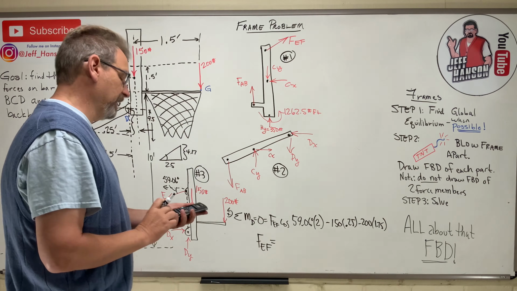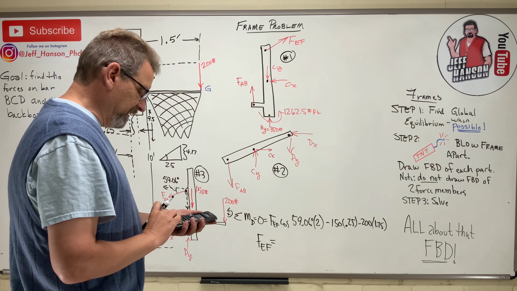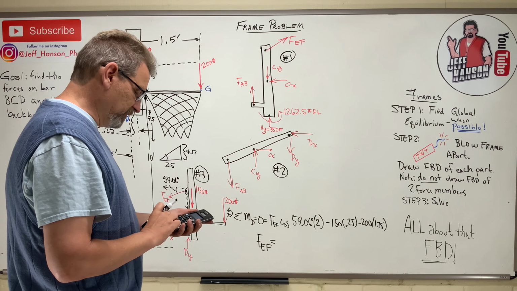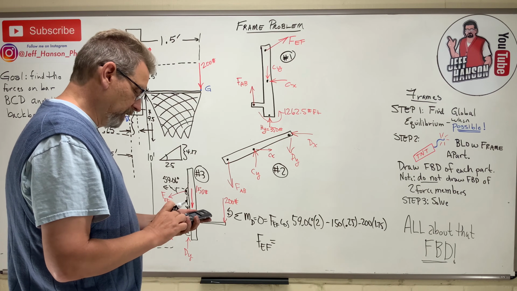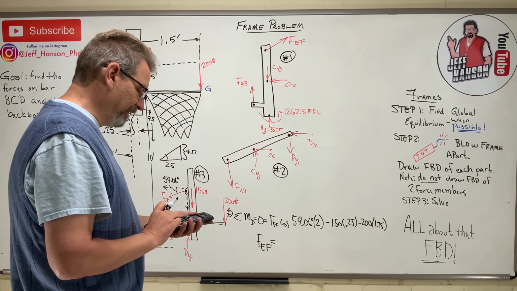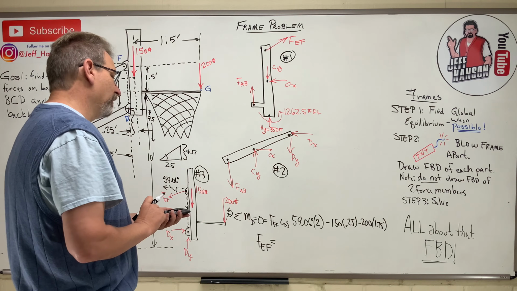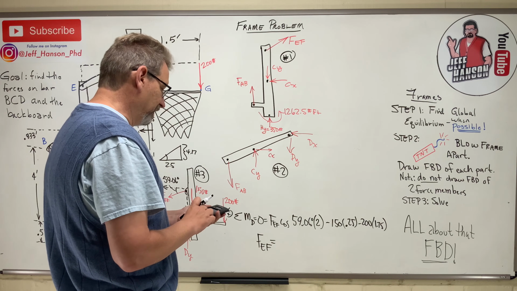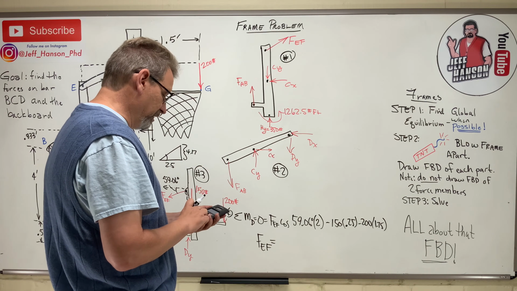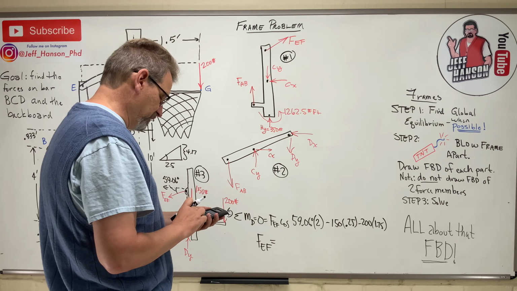And let's see what we get. We get 150 times 0.25 plus 200 times 1.75 equals 387.5, and then divide that by 2 equals, and then divide it by the cosine of 59.06.